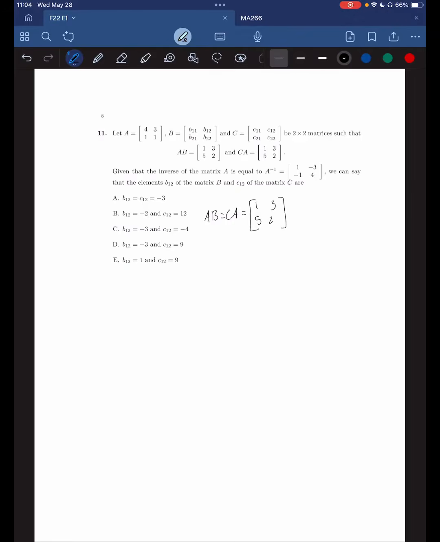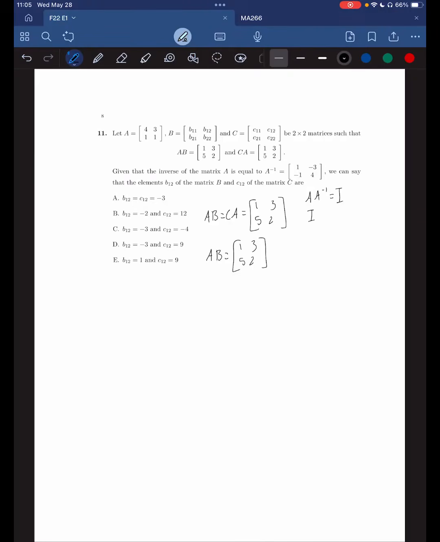So I can say if AB is equal to [1, 3; 5, 2], then one very key identity that I want everyone to know is A multiplied by A inverse is going to give you the identity matrix.